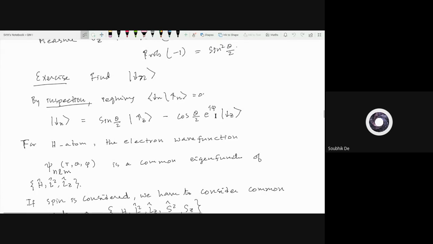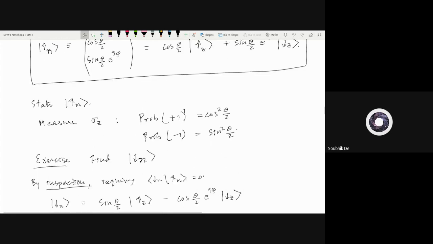I think this e to the power i phi will be negative, right? So we have to cancel the positive e to the power i phi. When you take a row vector associated, that e to the i phi will become e to the minus i phi. And we can do the same if you take e to the power i phi in the sine part.